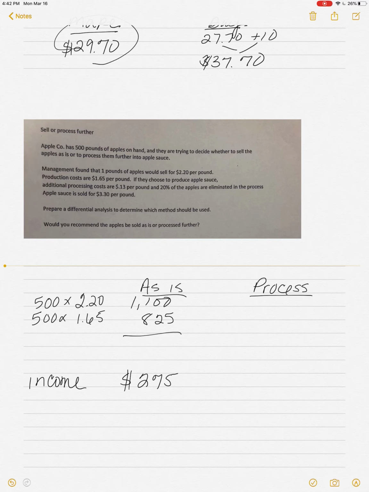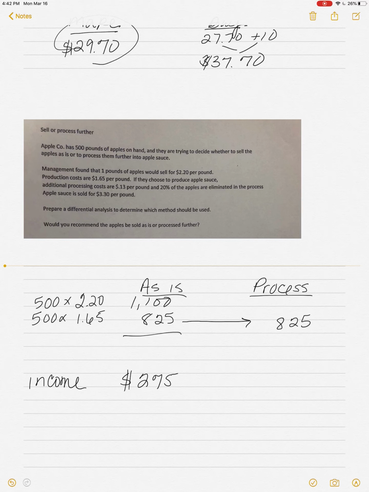Let's look at what happens if we process it further. Remember, these joint costs, we have to pay those either way. So really they're irrelevant in the decision, but I have to bring that over because my revenue is also going to be different. So my revenue here, I'm making $3.30 per pound. But it does say that 20% of the apples are eliminated.